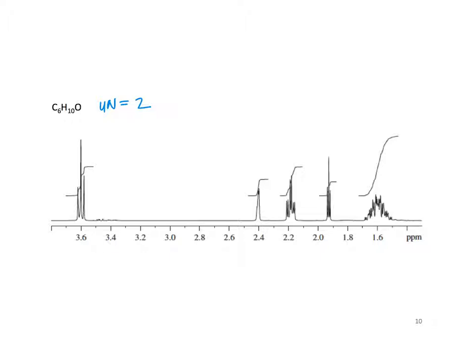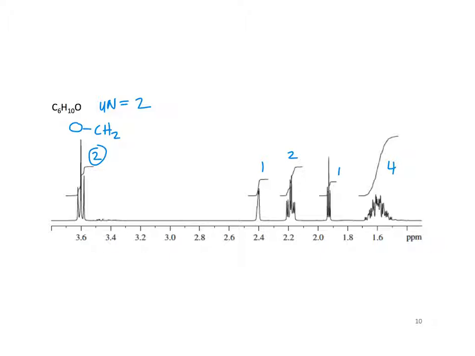So let's look at our integrations. This is probably 1, then 2, 2, 1, maybe 4. So what about this 2? Presumably this is a CH2 group at 3.6, directly attached to an oxygen.